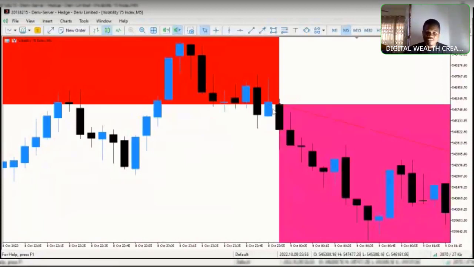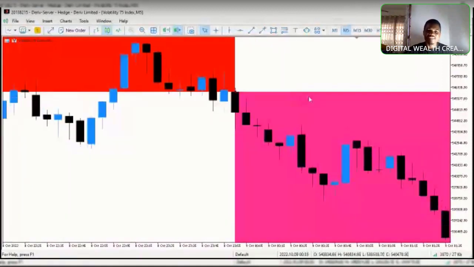Note, on a daily time frame, this over here is the end of our tweezer top. The tweezer top hasn't ended at this side. No, it ended where the red bar is. That's why I indicated it before coming down to the lower time frame, so that we get the specific location of our pattern.